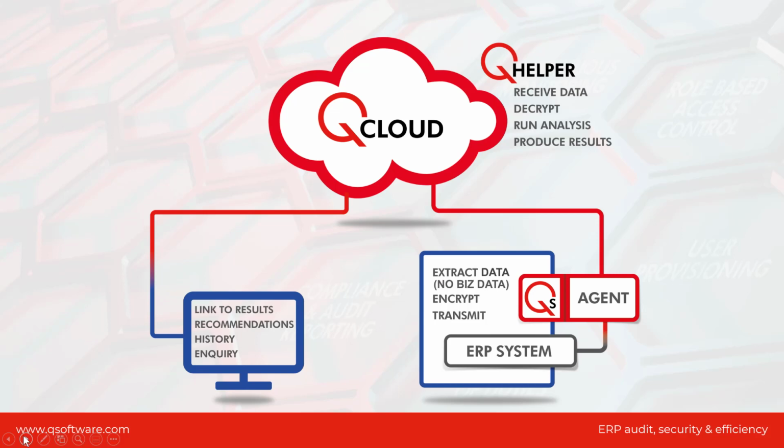It makes no difference. Once we've installed that, you kick off the access, and it sends the data up to the cloud. There is no business data going up here. We are not taking any personal data. We are just creating usage data and taking that up to the cloud.